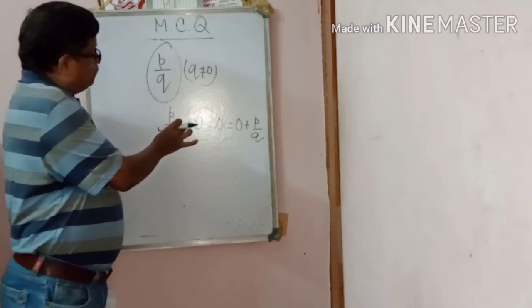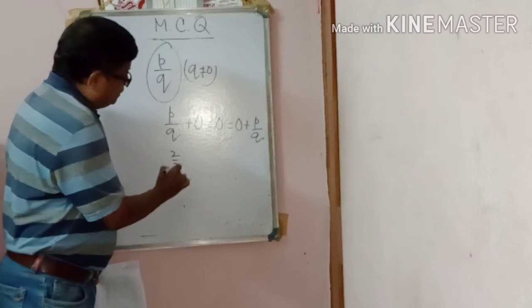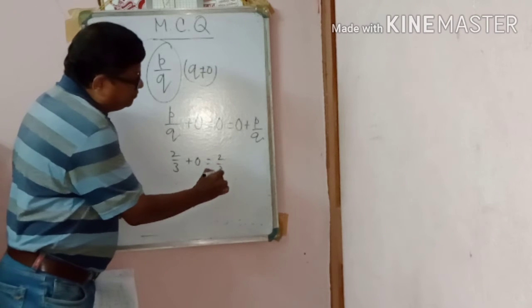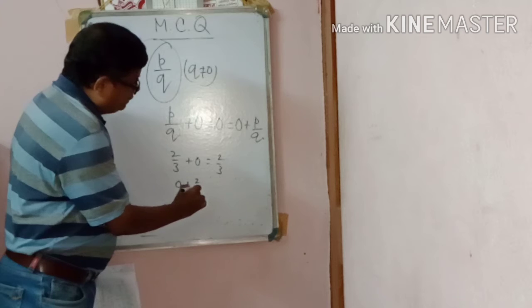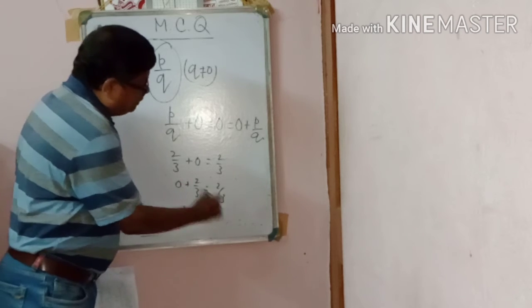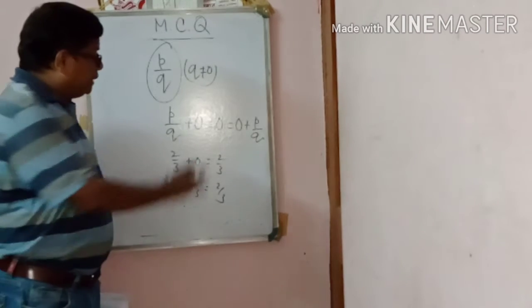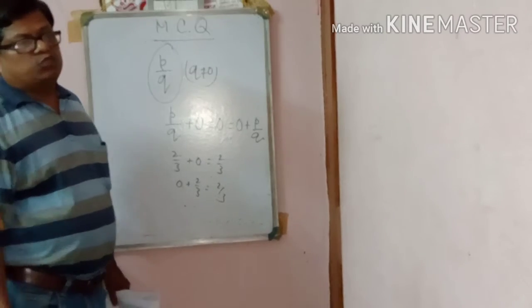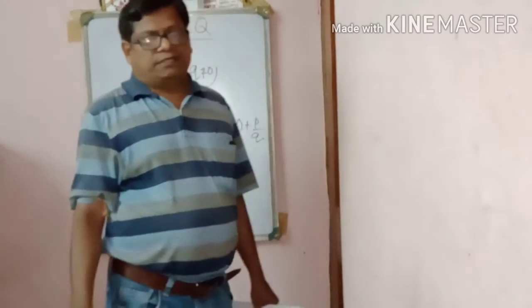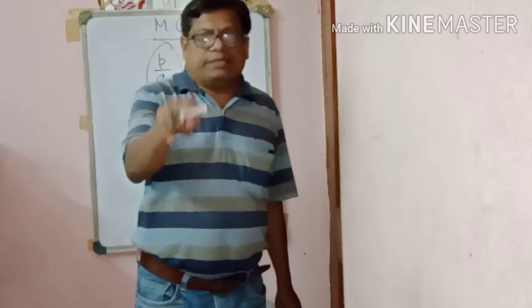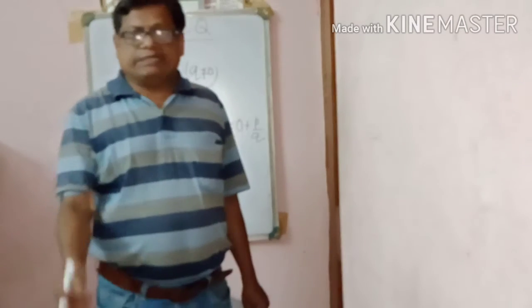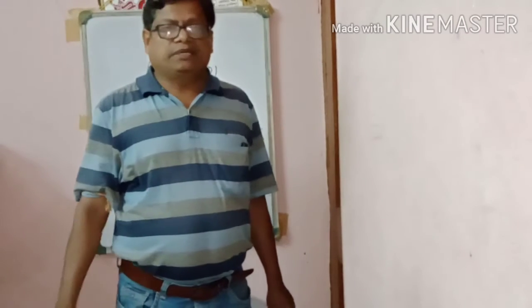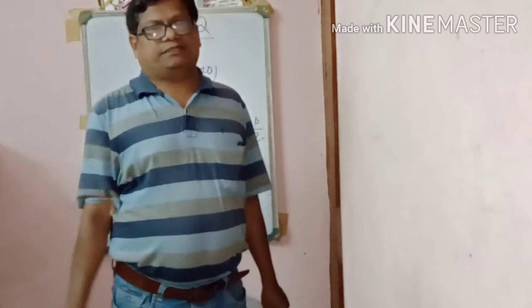Suppose 2 by 3 plus 0, or 0 plus 2 by 3, is also 2 by 3. So here 0 is called the additive identity.